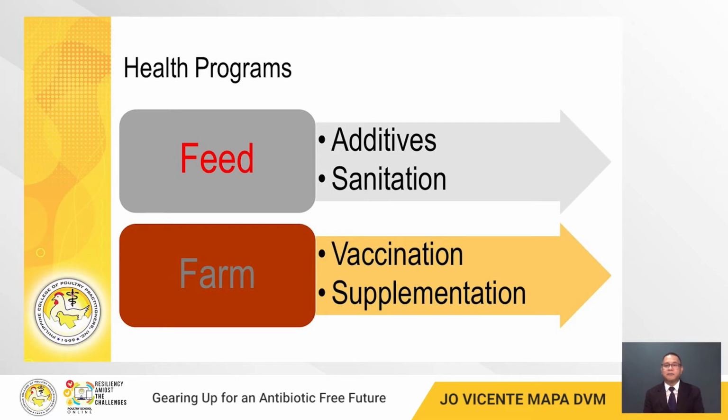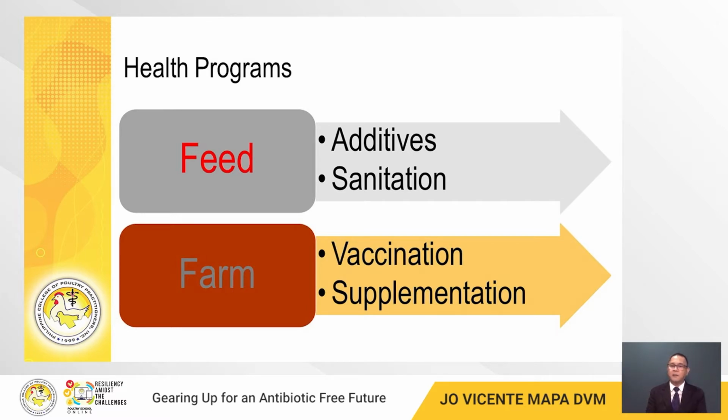Feed additives aimed at improving nutrient utilization, animal well-being, enhancing performance, parasite control, and even insect control may be included in the formulation. Feed sanitation to prevent the growth of bacterial and fungal pathogen is also important.